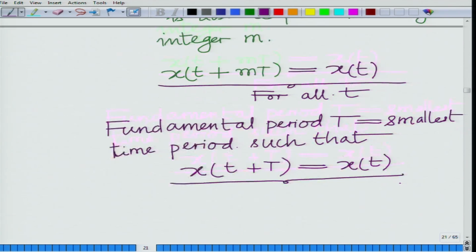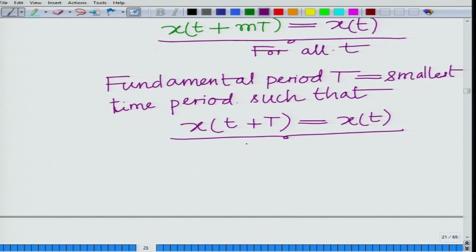And all other periods of this periodic signal are basically multiples of this fundamental period.